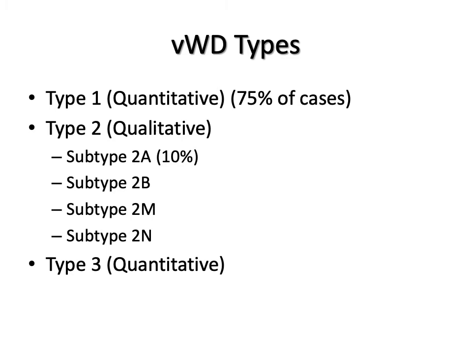Subtype 2B is a mutation that results in increased affinity of the multimer for platelet GP1B. This leads to arrest of resting platelets, which become adhesive to the epithelium and become unavailable for adhesion when injuries occur.